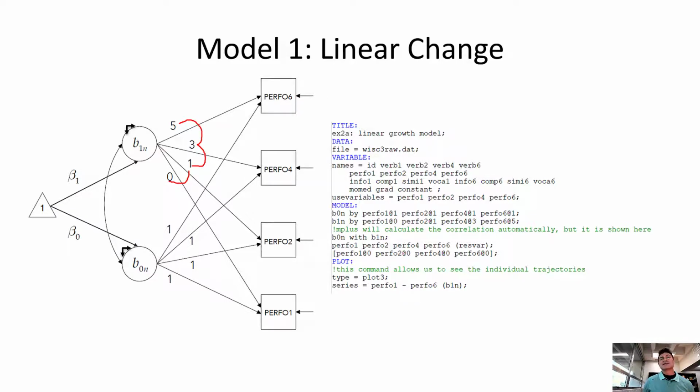So we're setting these so that we're accounting for the different timings in the intervals. Simply, I just took the grade minus 1. So I'll say it even simpler. First grade minus 1 is 0, second grade minus 1 is 1, 4th grade minus 1 is 3, and 6th grade minus 1 is 5. So that's how we got those parameters here.